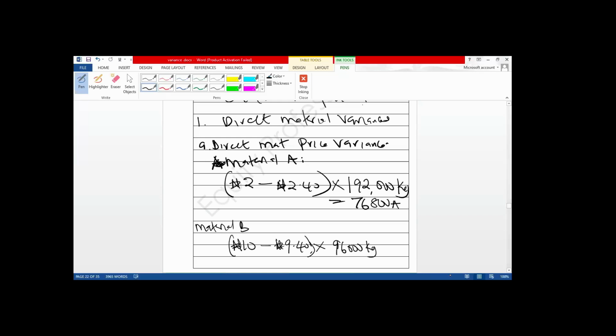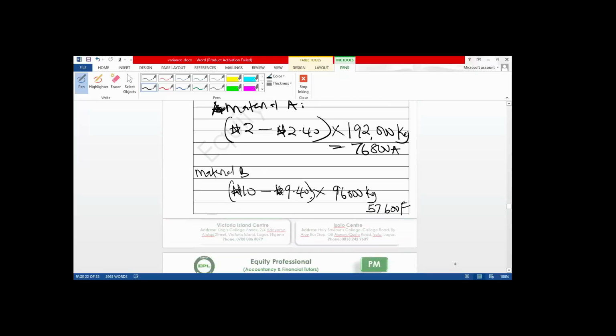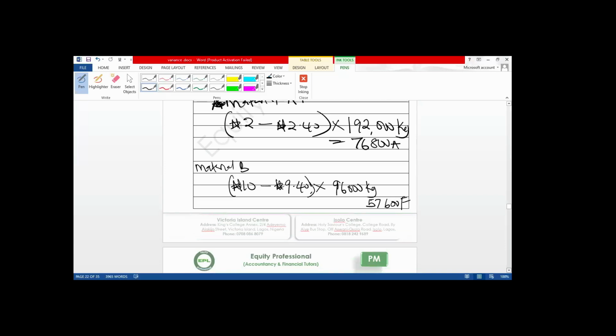This is favorable. You have 57,600 F. Now, one is negative, one is positive. Get your direct material price variance. Add the two together. Combine.